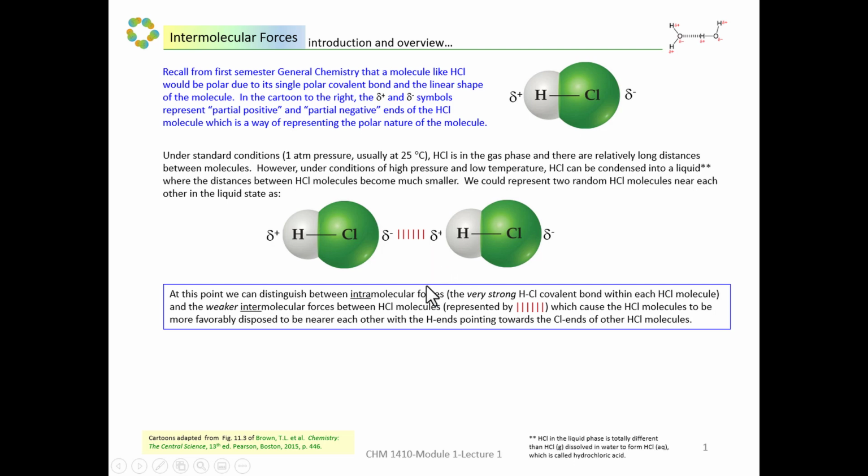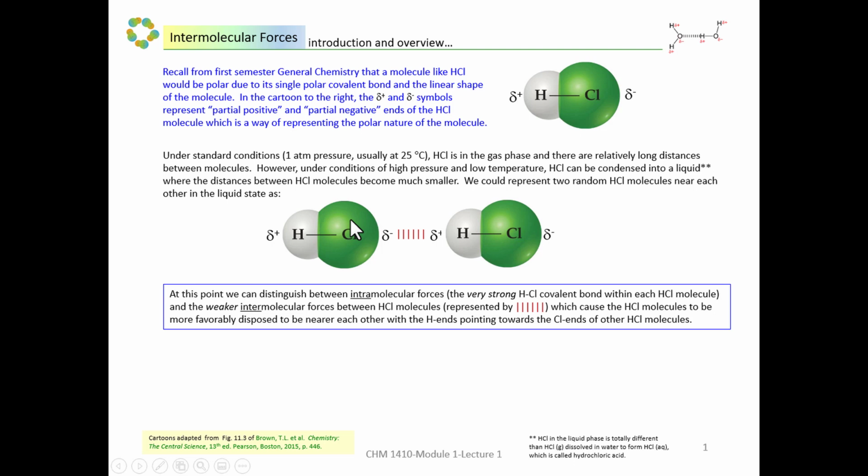And these intermolecular forces cause the HCl molecules to be more favorably disposed to be near each other with the hydrogen end of one molecule pointed toward the chlorine end of the other.